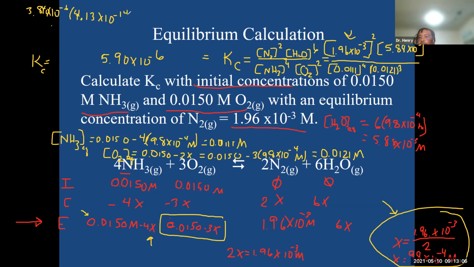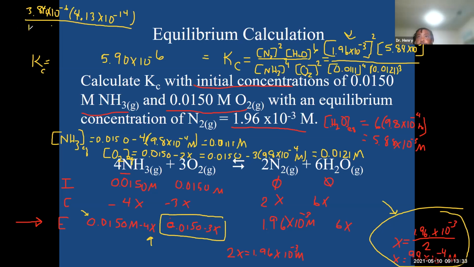And then you divide that by the fourth. 1.5 times 10 to the negative eighth. 1, 2, 3, 4, 5, 6, 7, 8.